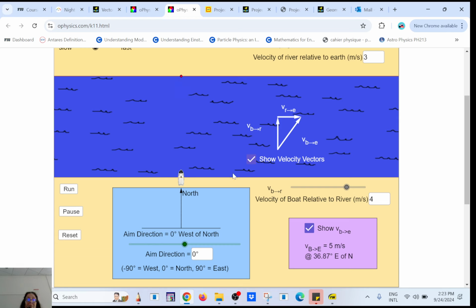Very good. Moving to the left, right? I can do something like this. You see what I'm doing? Okay. So it means I'm going to move in this direction, and the river is going to move in that direction. So that will be the final result. Let's see.